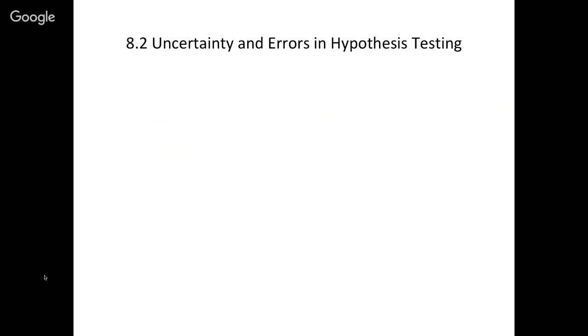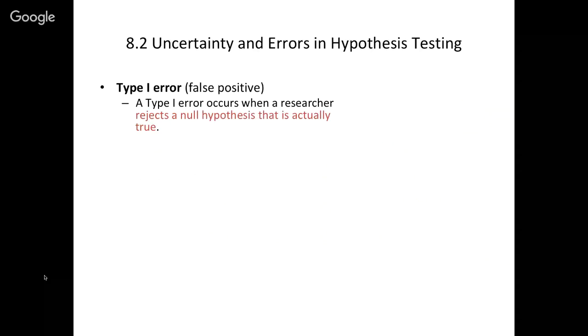Let's introduce uncertainty and errors in hypothesis testing. Right, it's a new topic. So we have two types of errors, and the first one we call type 1 error, which is also called a false positive. What is a type 1 error?